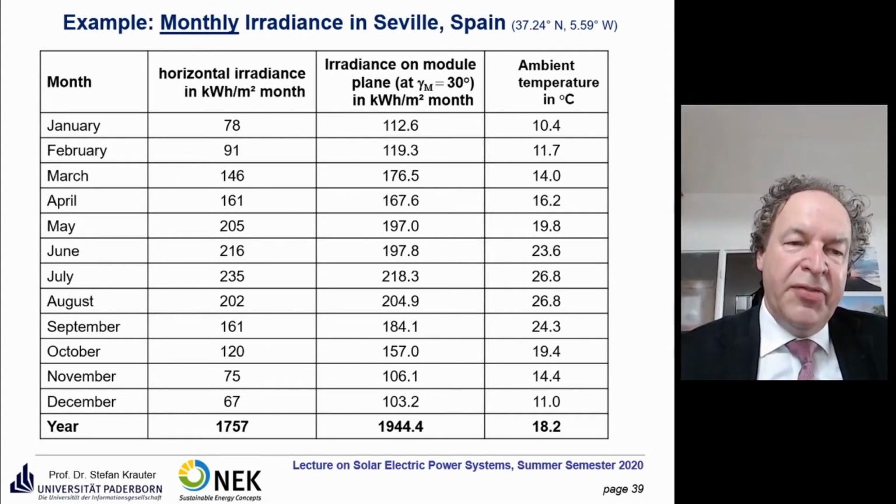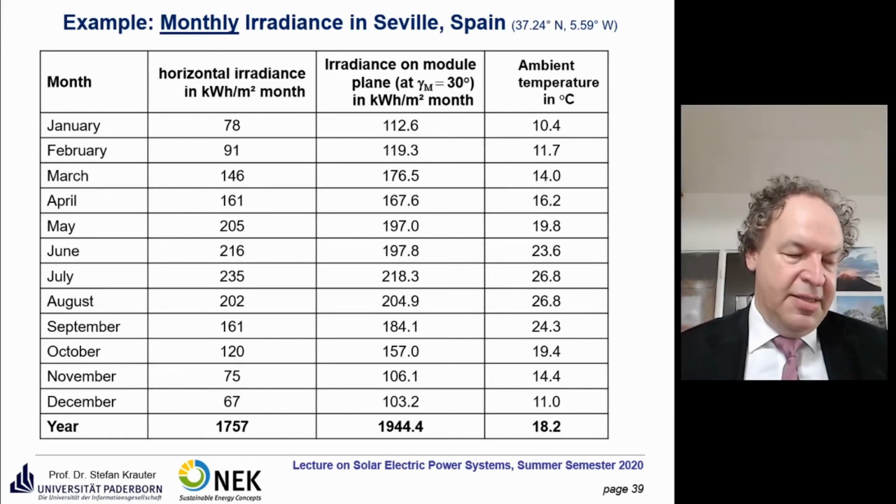So we have significantly more irradiance in winter when we need it, and a little bit less in summer when we don't need so much. This also helps a little bit to equalize the availability of sunlight.